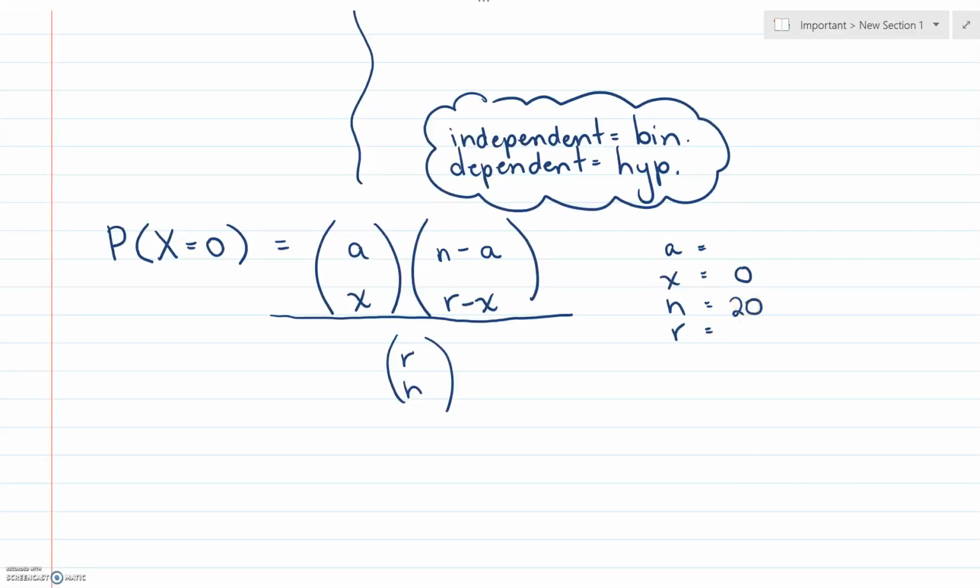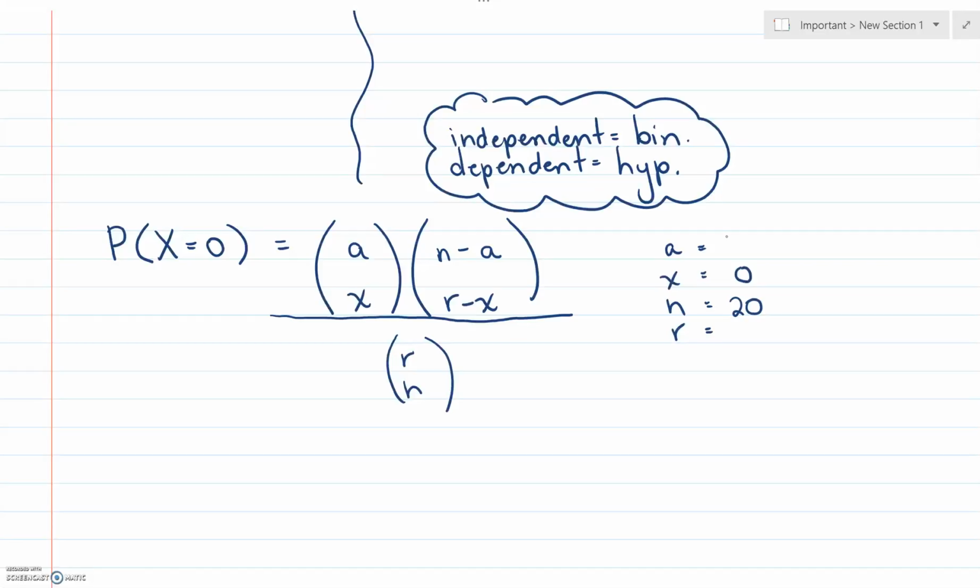So then A is another total? But it's the successes. That's right. Okay. So the successes of what you're looking for. So this is where you have to know what your random variable is. And your random variable would be to get 0 experienced players.